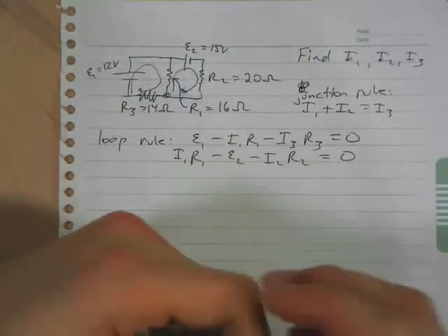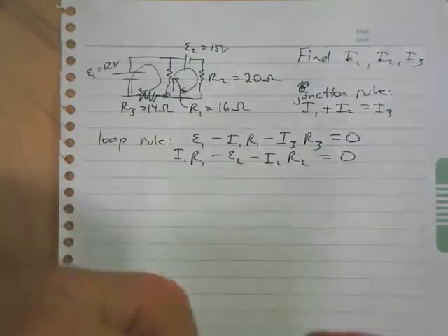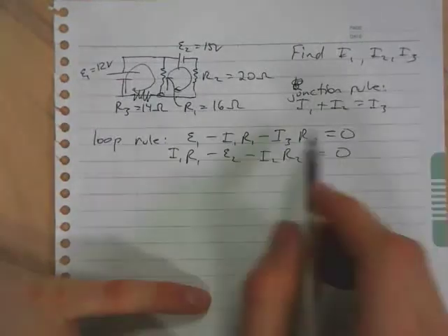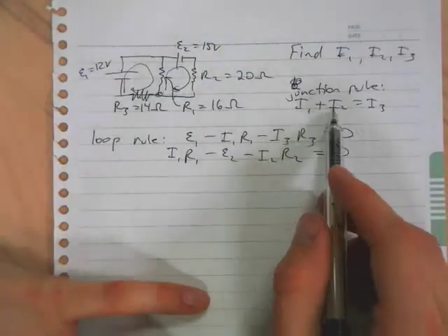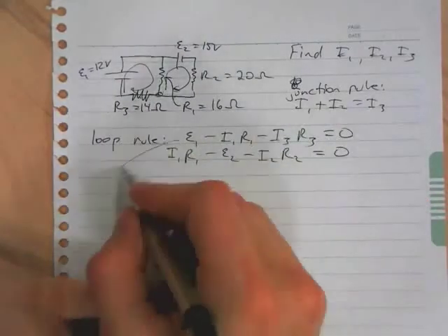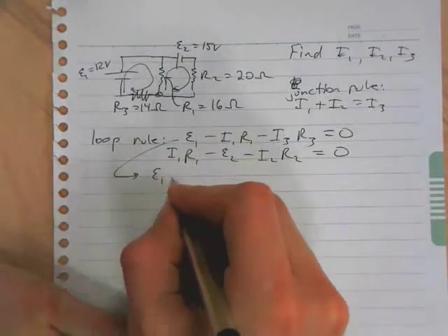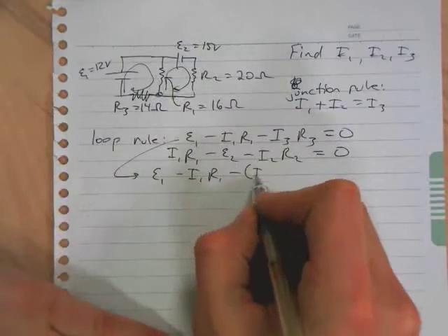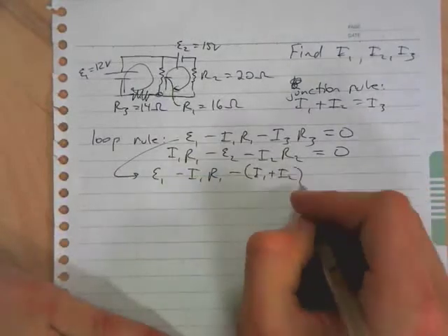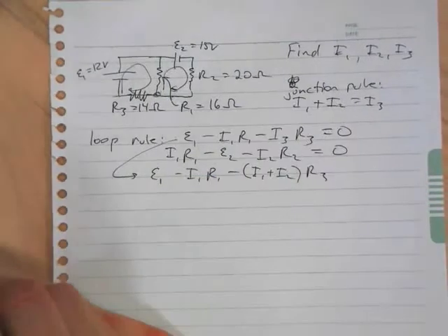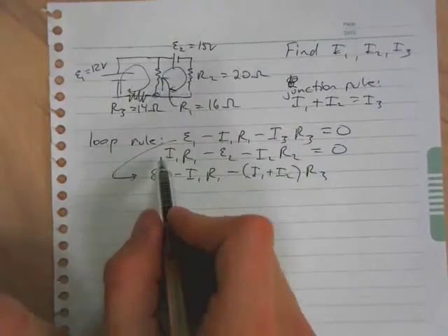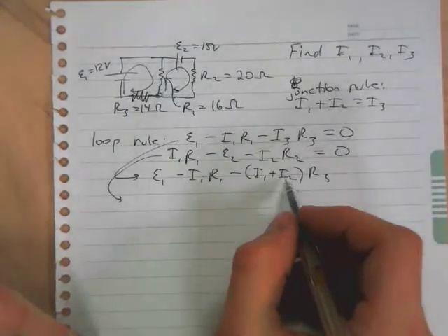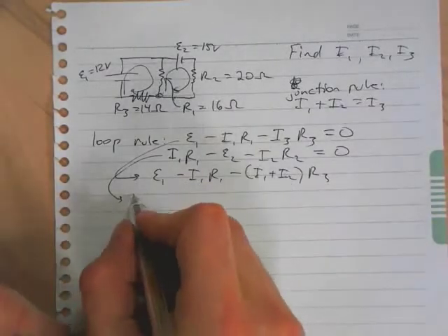If you arrange it into the form of a square matrix, you can use your calculator to solve, or you can start substituting away. I've got I1 plus I2 equals I3, so we can substitute into that first equation. Then you can use our second equation to solve for, let's say, I2, because that'll be most convenient.